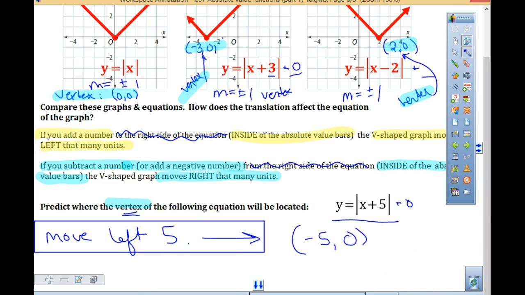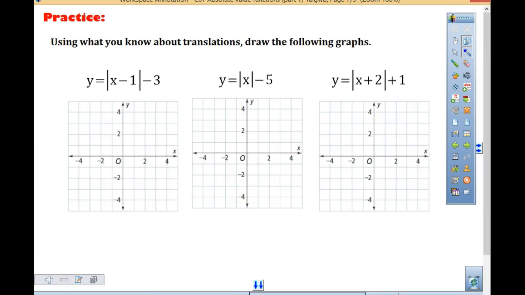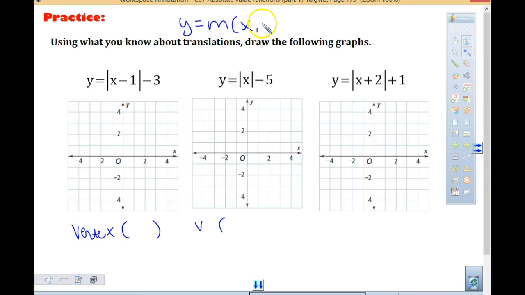Okay, so we're going to do some graphing on that last part down in your notes. Before you get started, the first thing I want you to think about for each of these is, where is your vertex? So we're going to write right below, where is our vertex for each one. We're always going to have our vertex, it's always going to be an ordered pair. And if it helps you to write the point slope form of that equation, x minus x1, write it down, because it helps you to look at it.